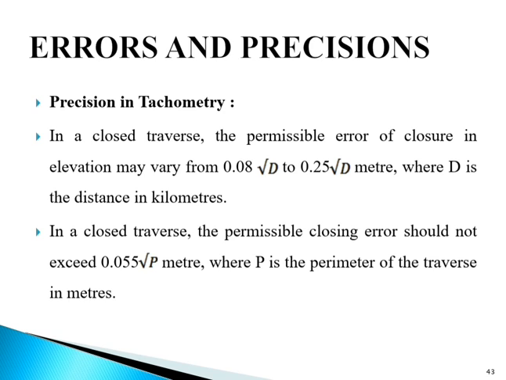In closed traverses, the permissible error of closure in elevation may vary from 0.08 root D to 0.25 root D meter, where D is the distance in kilometers. In closed traverses, the permissible closing error should not exceed 0.055 root P meter, where P is the perimeter of the traverse in meters.